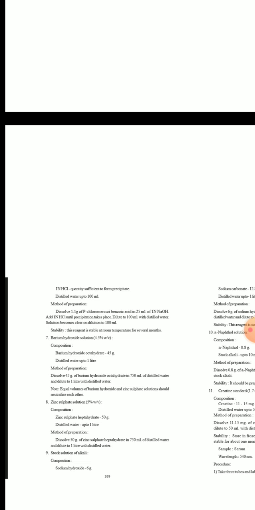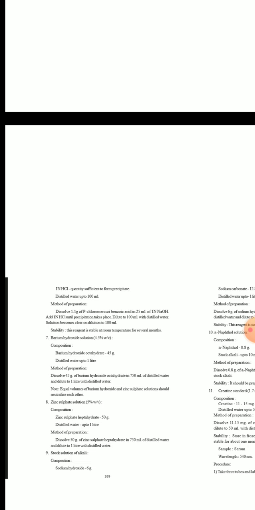Here we will dissolve 1.1 gram of chloromercuric benzoic acid in 25 ml of NaOH. Then we will add HCl until precipitation takes place. Dilute to 100 ml with distilled water. The solution becomes clear on dilution to 100 ml. Stability: this reagent is stable at room temperature for several months.